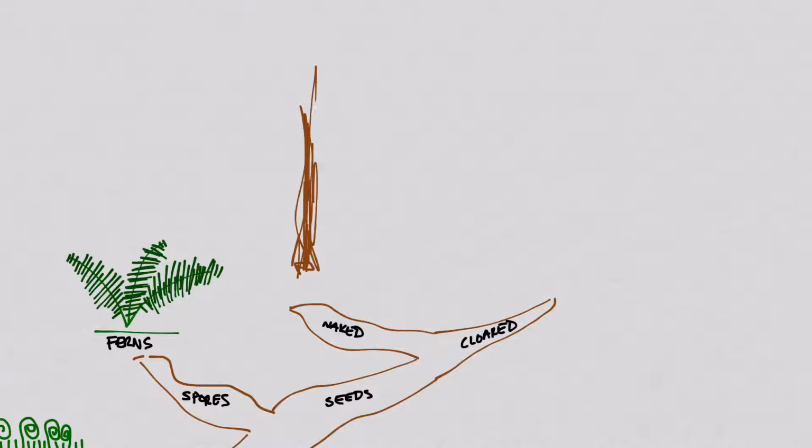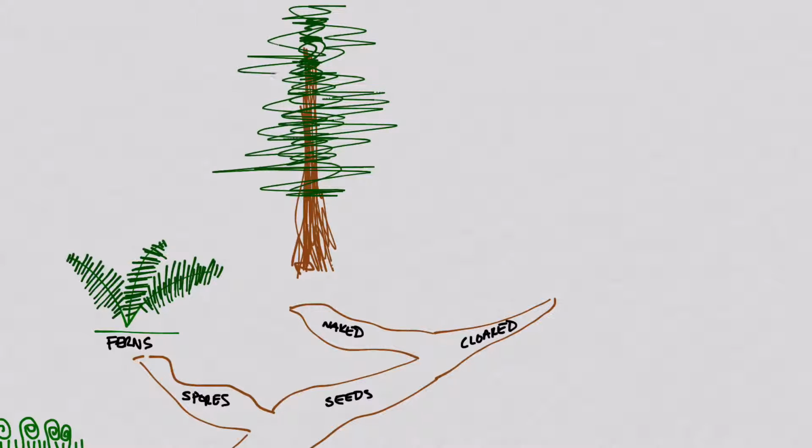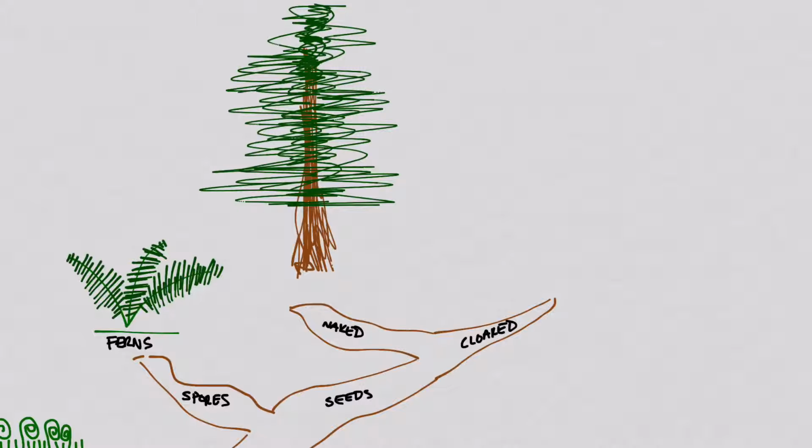Well, you might not have known this, but those pine cones do contain naked seeds. Very exciting. This is my beautiful pine tree. So all evergreen trees fall in this category, the gymnosperm or naked seed variety.